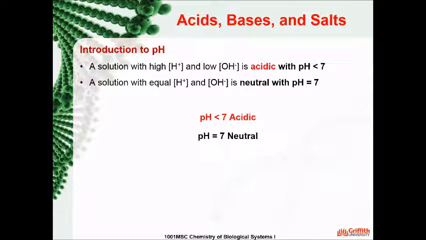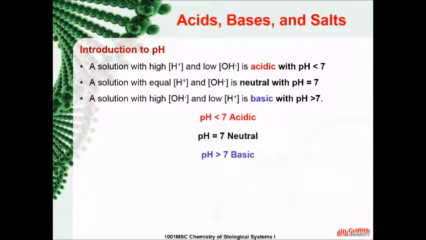A solution with equal concentrations of hydrogen ions and hydroxide ions is neutral, where the pH is equal to 7. A solution with a high concentration of hydroxide ions and a low concentration of hydrogen ions is basic, and its pH will be greater than 7.